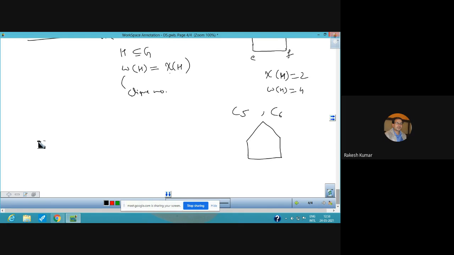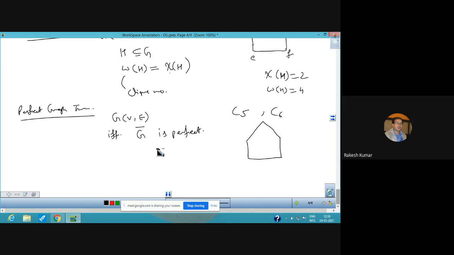Later to that, we have the perfect graph theorem also. A simple undirected graph G is perfect if and only if its complement G bar is perfect.